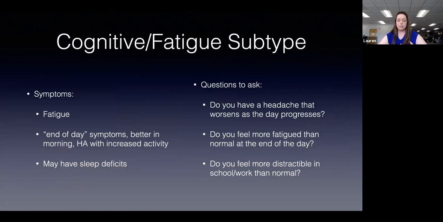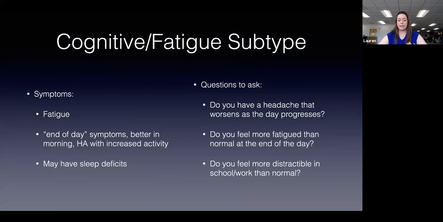Symptoms will likely fall along the lines of overall fatigue, feeling better in the morning but worse with increased cognitive or physical activity, maybe described as end-of-day symptoms, and they likely have more sleep deficits as well. During assessments, their VOMS would be normal since they don't really have those vestibular-based symptoms.